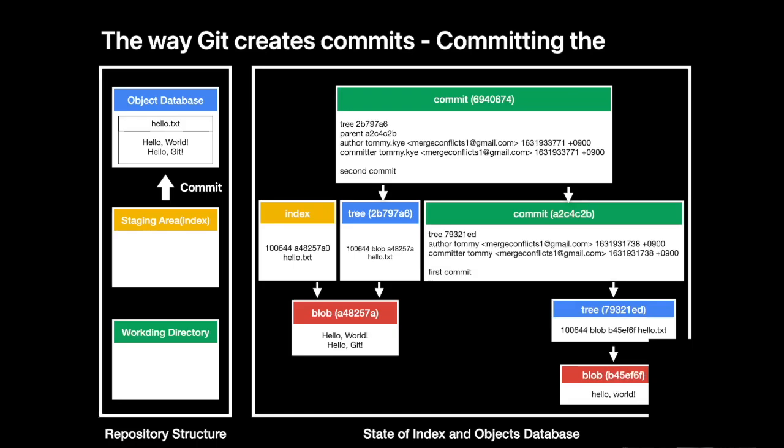The green commit at the top is the newly created commit. This commit has the previous commit as its parent. If you look at the top green commit, you will see that the parent is A2C4C2B, which is the hash of the previously created commit.